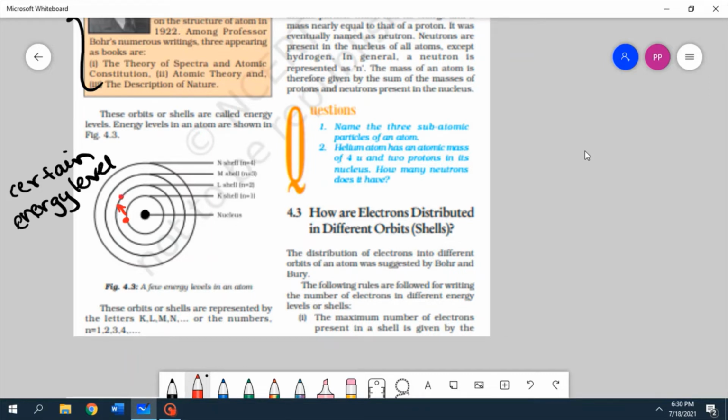So it would be here. And if it lost energy after some time, it would fall back to the previous energy level, which is closer to the nucleus. Alright, and so he named these the K, L, M, N, and so on shells, or you can also say shell number 1, shell number 2, shell number 3, shell number 4, and so on.